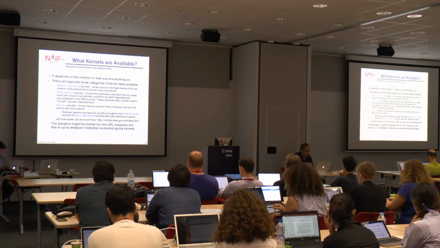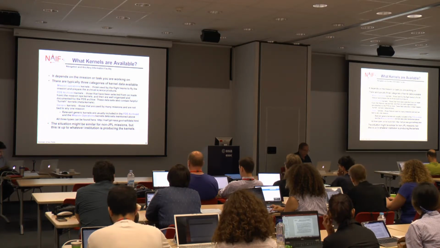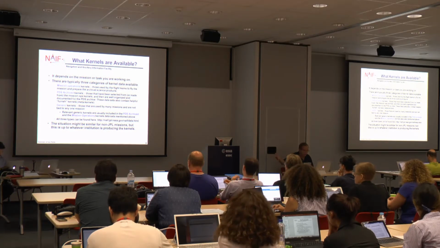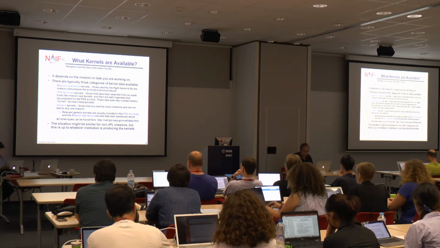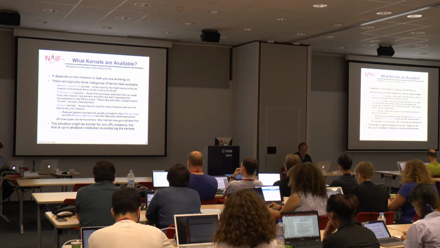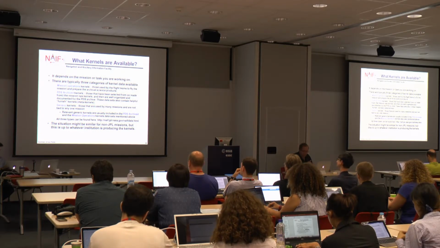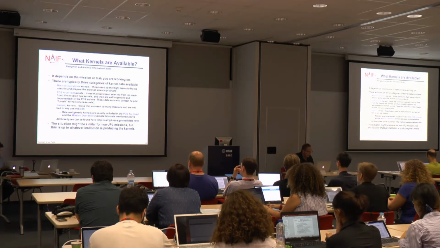What kernels are available? Well, it depends on the mission. And as you could tell between what we've talked about and what Mark talked about, there's different coverage of kernels. There's different kinds of kernels. Sometimes there's meta-kernels, sometimes not. In the NASA situation, there's these three generic categories.